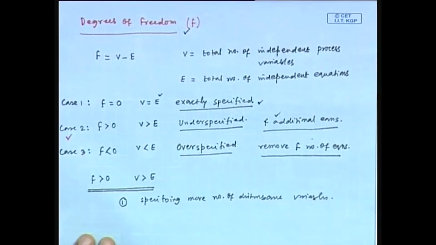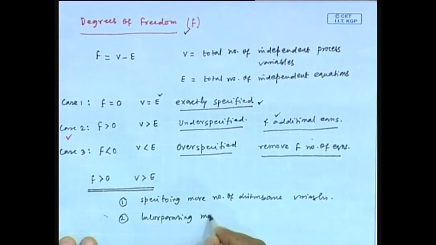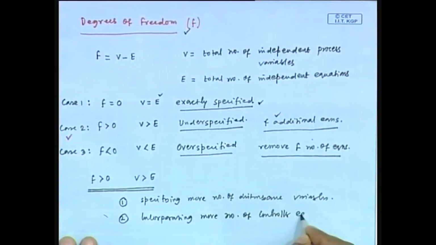If we specify more disturbance variables, then the number of unknown variables is reduced. Fine. So, this is one option, and the second option is incorporating more controller equations.